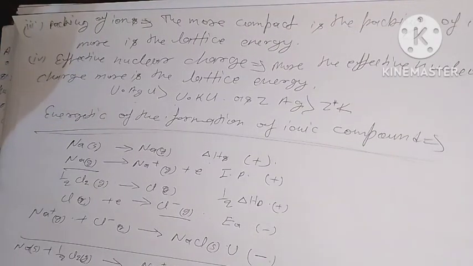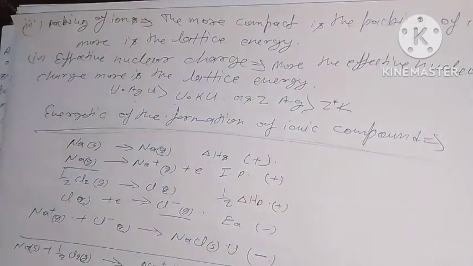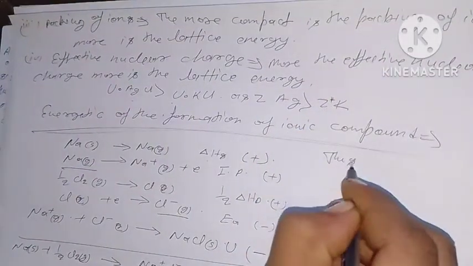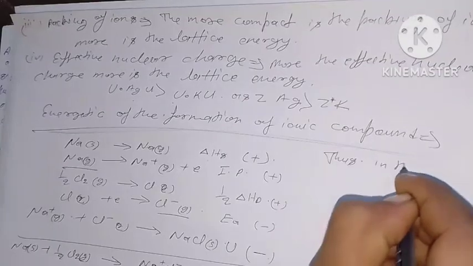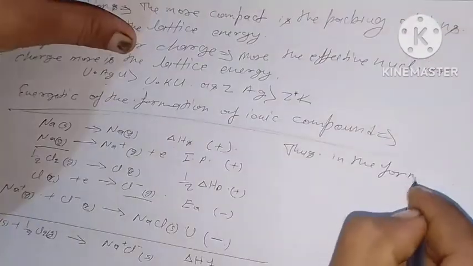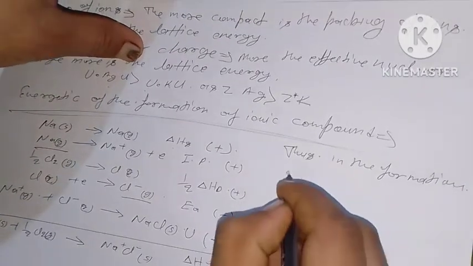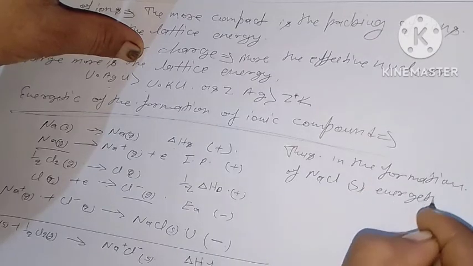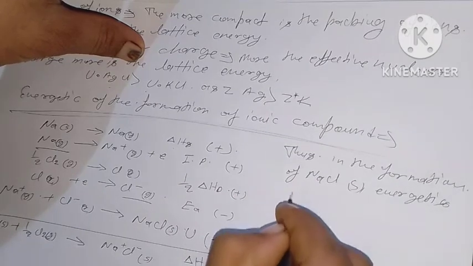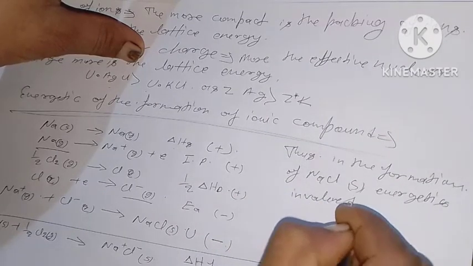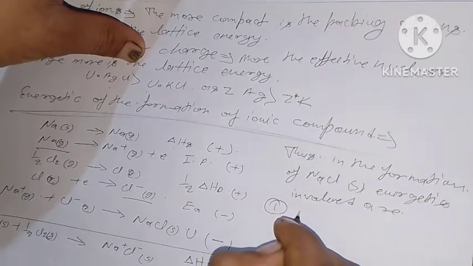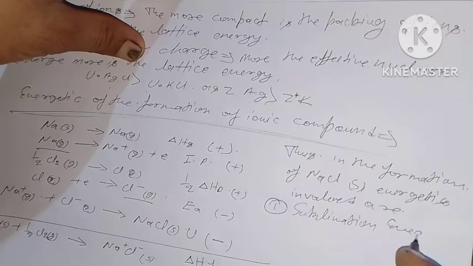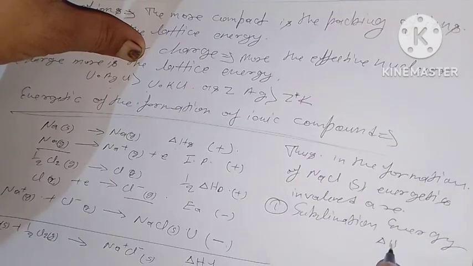Thus, in the formation of sodium chloride in solid state, the energetics involved are: first, sublimation energy, delta HS.